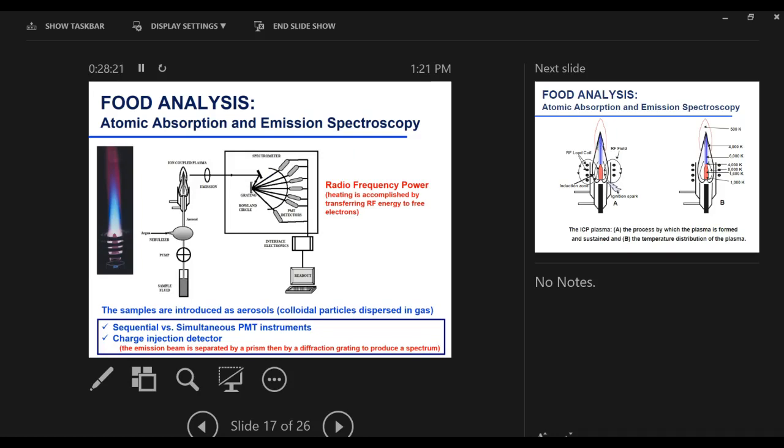So again, you have your sample and then you have an aspirator, a nebulizer that gets it into the flame. So you have the argon as a source of gas, and then you have the copper coil and radio frequency applied to the copper coil, which generates high energy that ionizes the gas and generates the plasma at really high temperature.